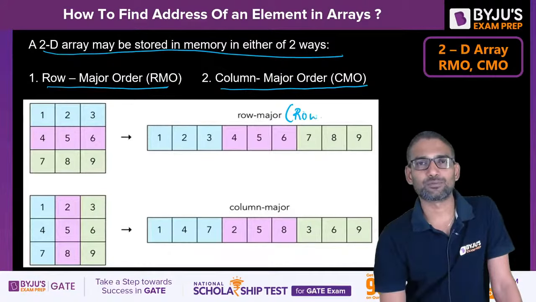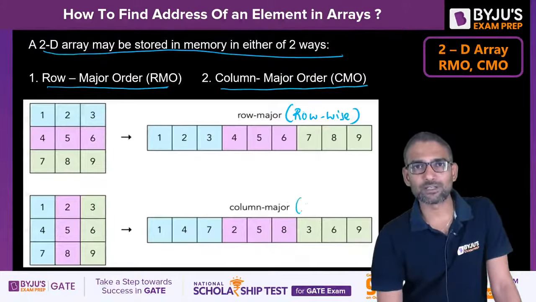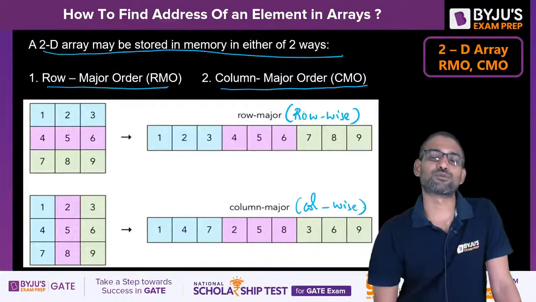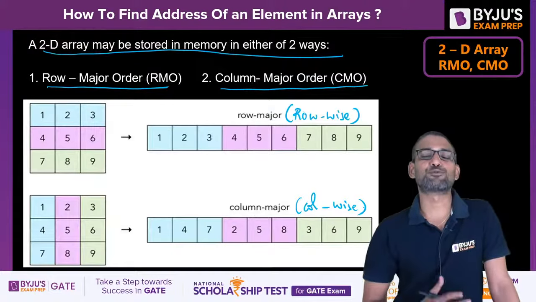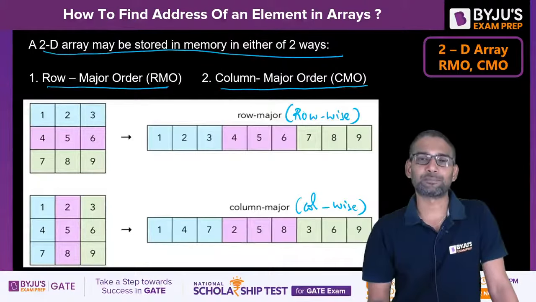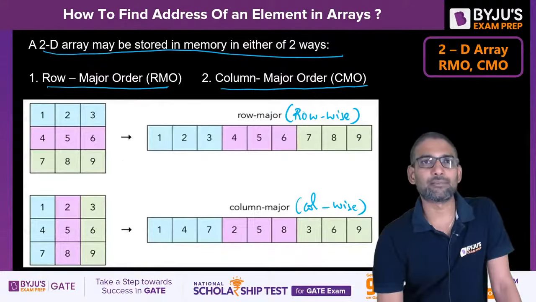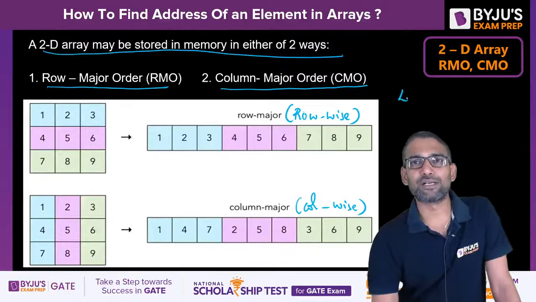First row is stored, then second row, then third row, and so on. Column major order means column wise. First column values are stored, then second column values, then third column values. Definitely the address is different. Last class I showed you. Let's say I am taking 4 bytes for integer.